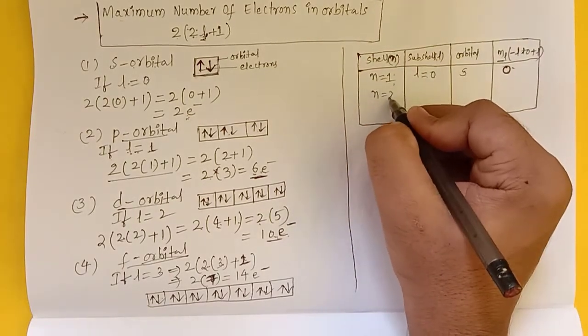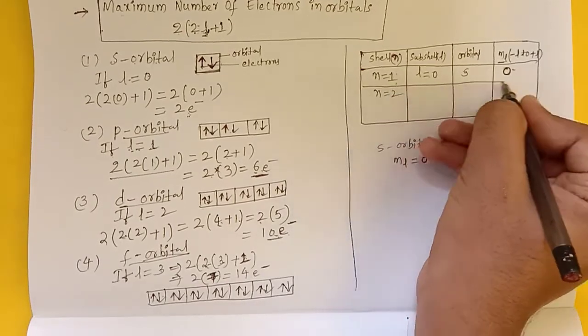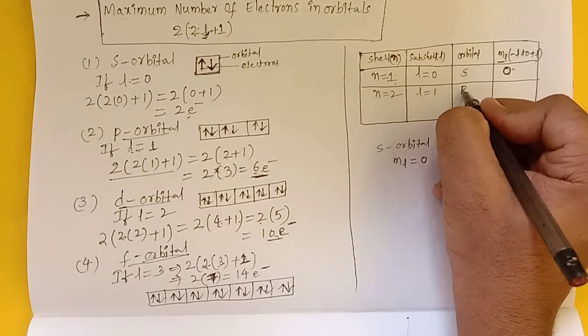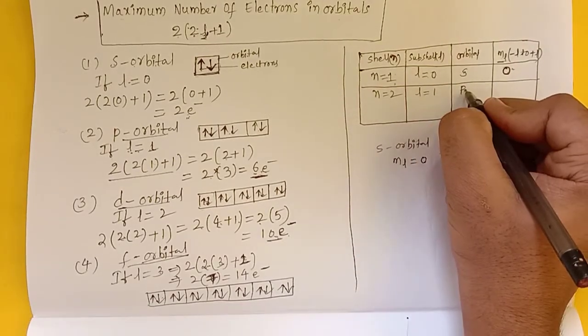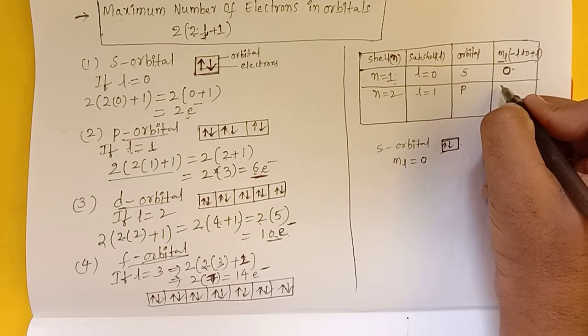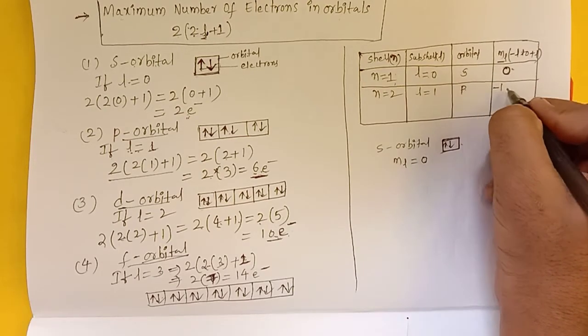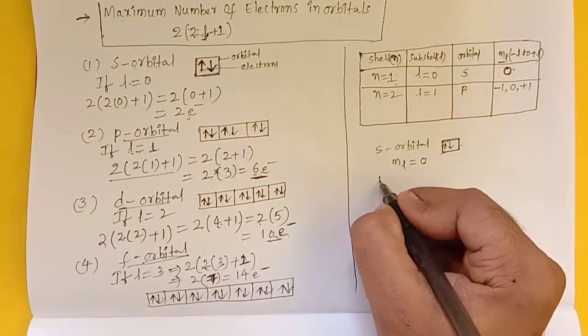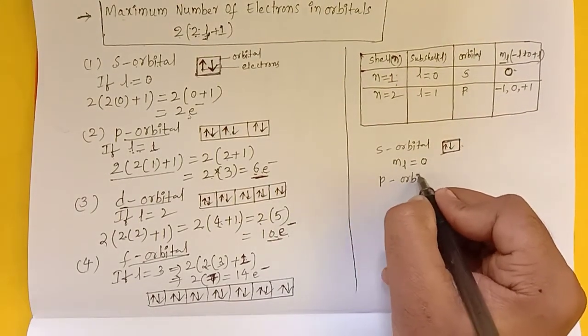Then n equal to 2. Let us consider n equal to 2. L equal to 1. Which orbital? P orbital. For the p orbital, what are the values here? Remember, minus 1, 0, plus 1.